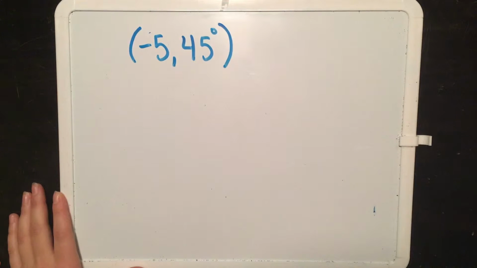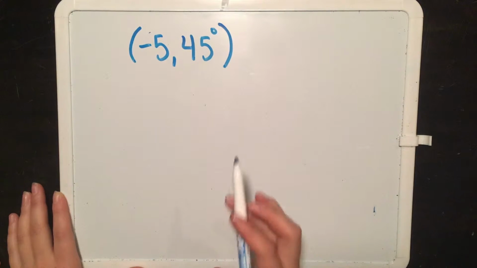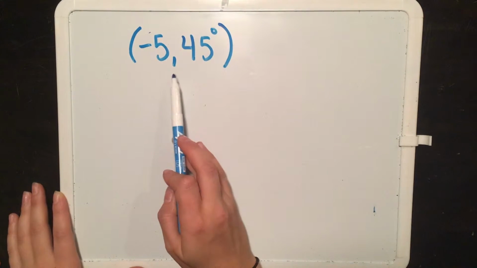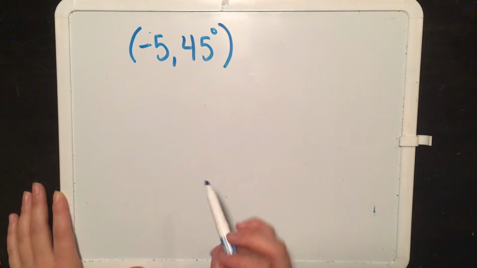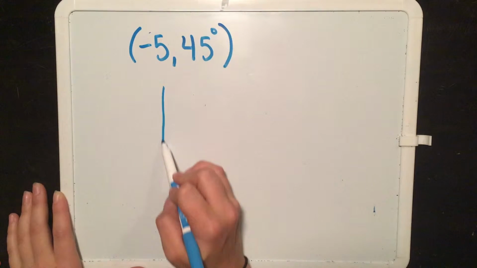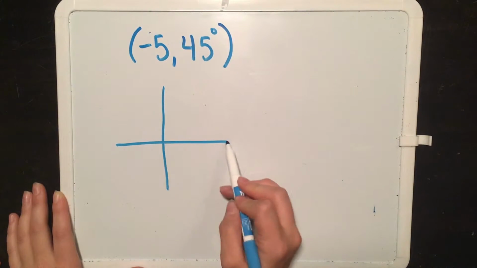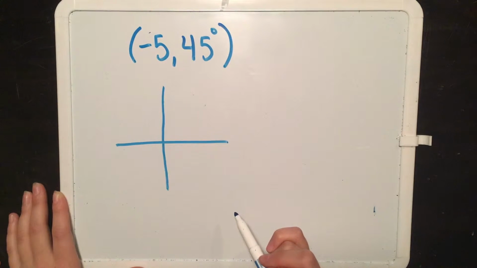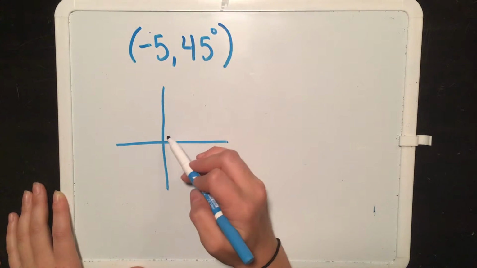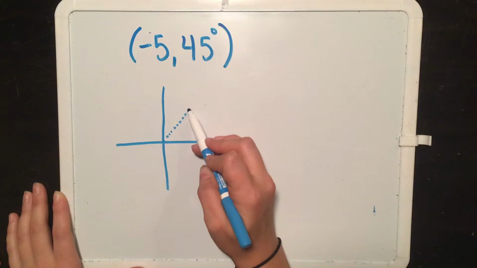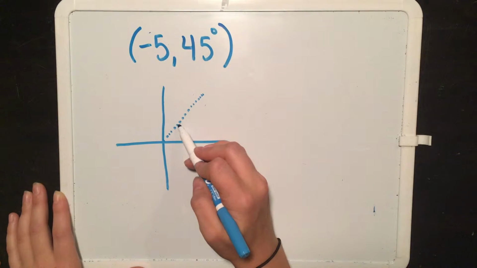In this example, we want to find a coterminal coordinate to -5, 45 degrees. Let's look on the plane where this coordinate will land. 45 degrees takes us in the first quadrant, about halfway.